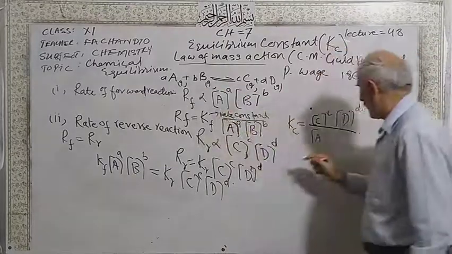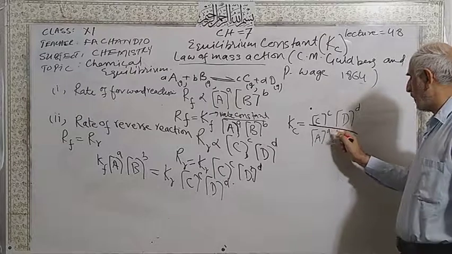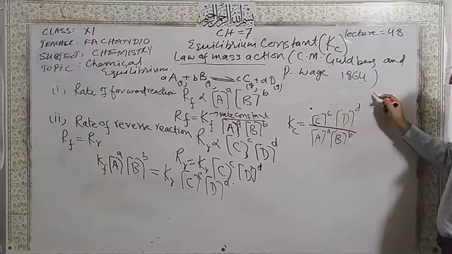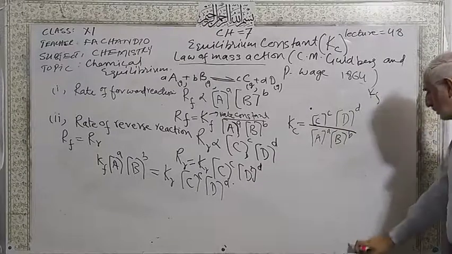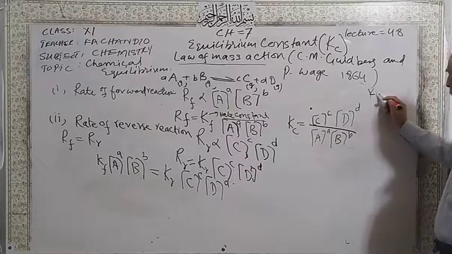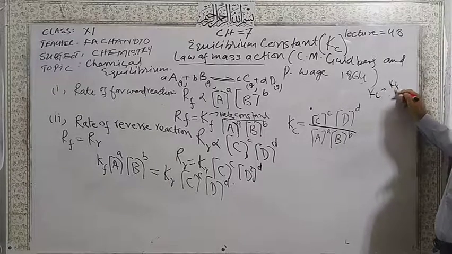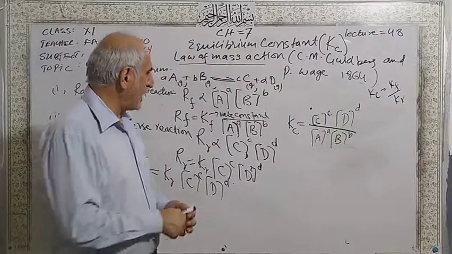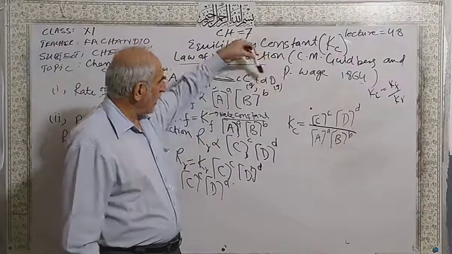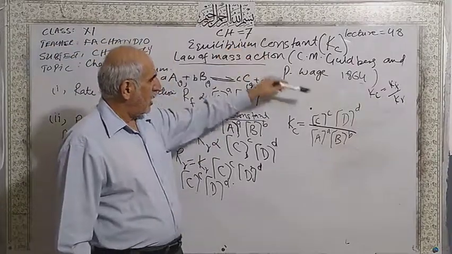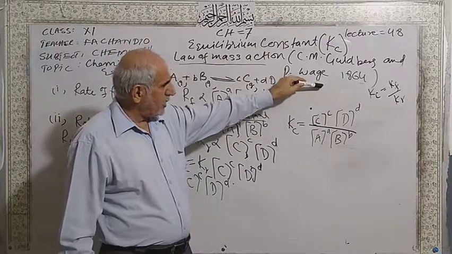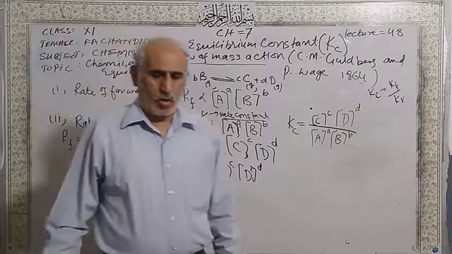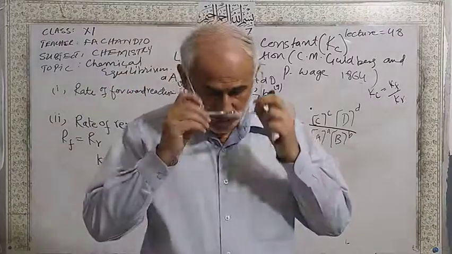The reactants must appear on the denominator side. This is the Kc, equal to Kf over Kr. These products appear on the numerator side, and reactants always appear on the denominator side.